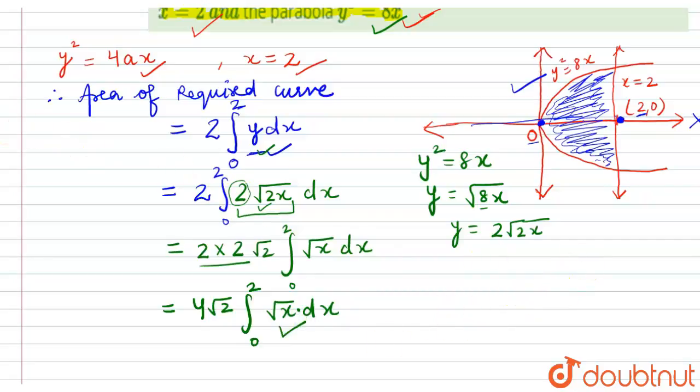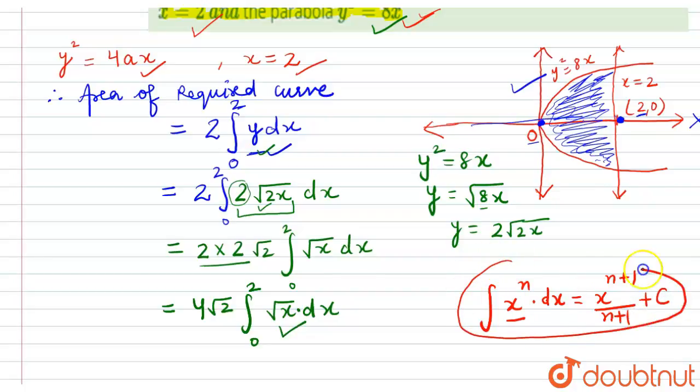So students, as we know, for the integral of x^n dx, the result is x^(n+1) upon n+1 plus a constant of integration. We are going to apply this formula here.